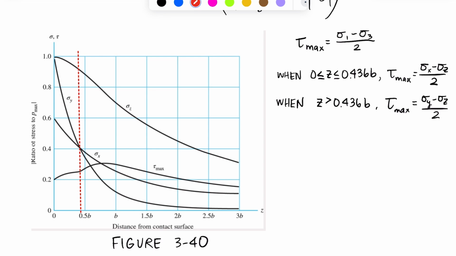But again, we're interested in where it peaks, and it turns out that this point is around 0.786b. That's the value of your x component about there.